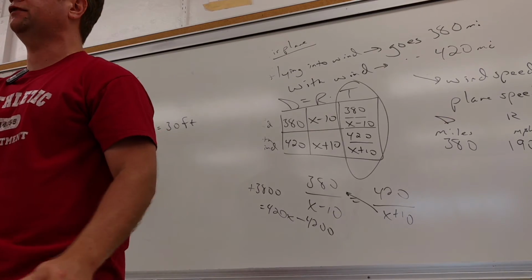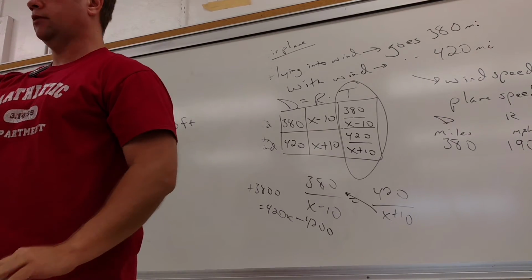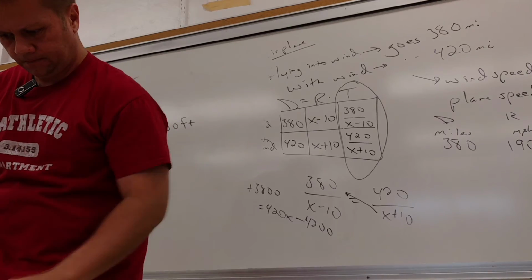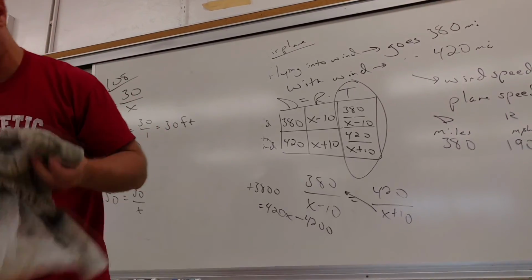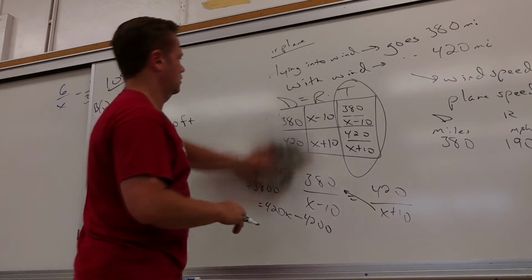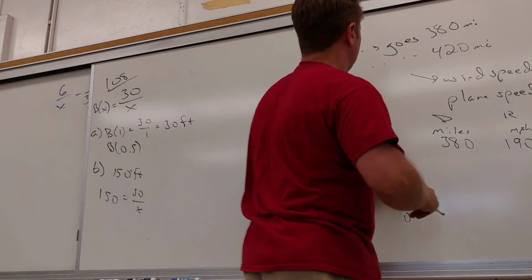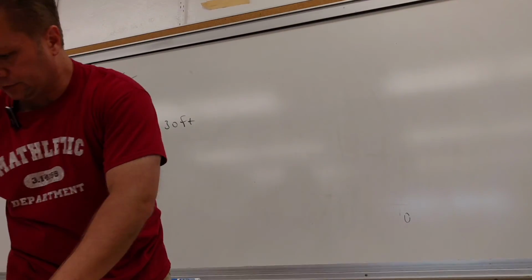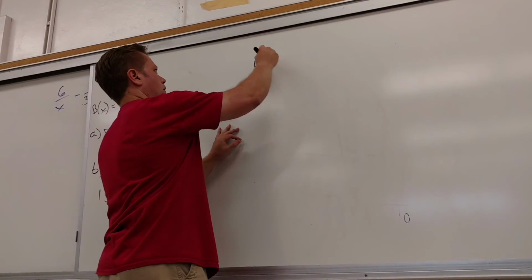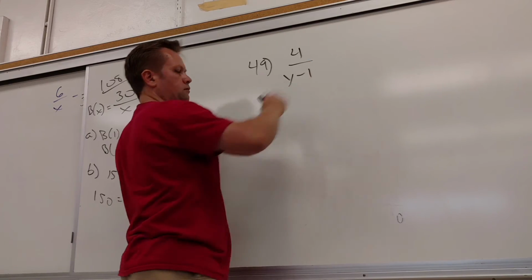Anybody else I skipped over from earlier? Yeah, 7.6, 49. Alright, so this is a good review here. If you haven't done this problem yet, do it right now. This one here, 4 over y minus 1.